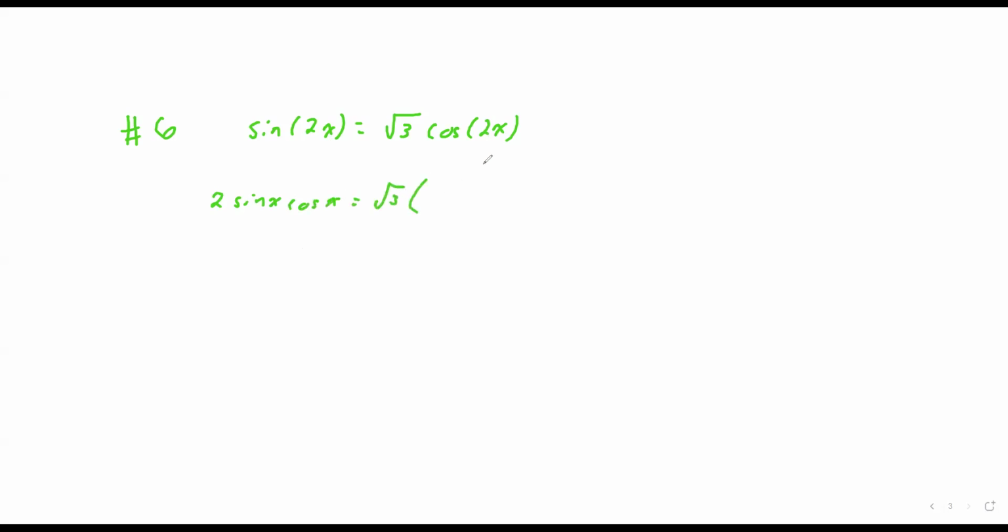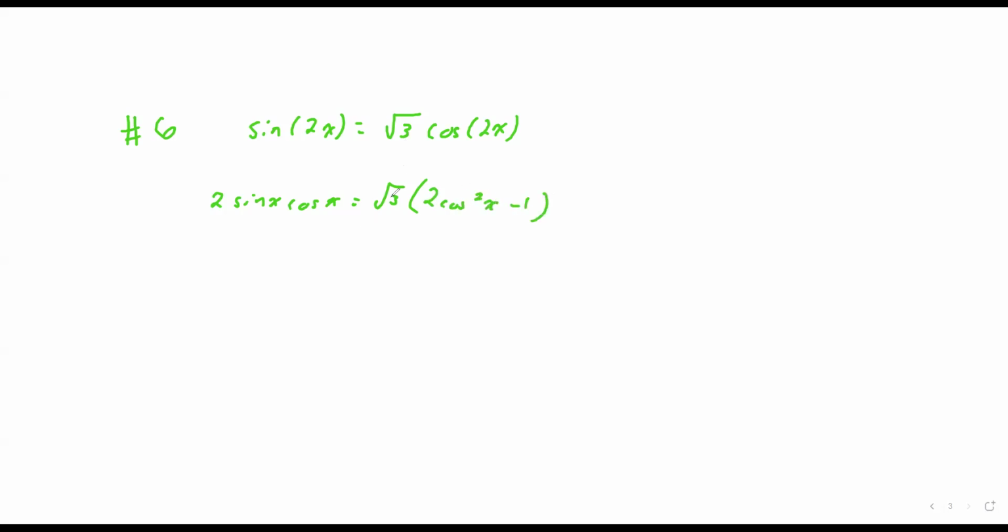And then cosine 2x can be one of three things. Which one would probably be the easiest? I'm going to go with 2 cosine squared x minus 1.